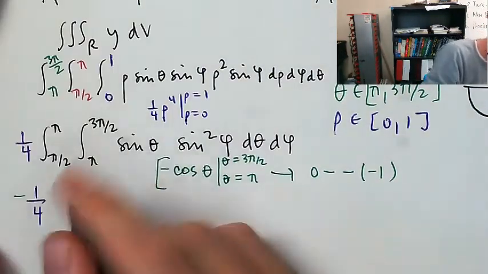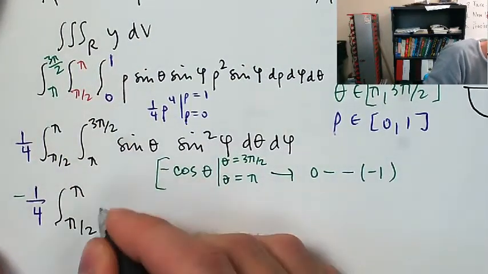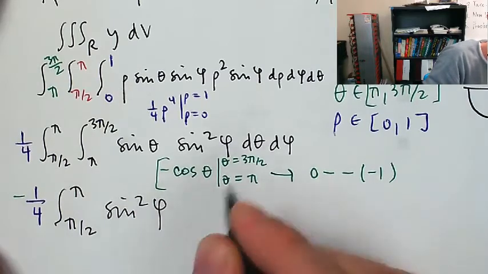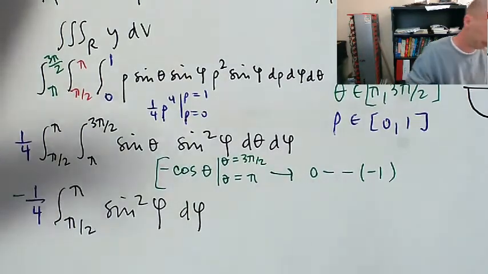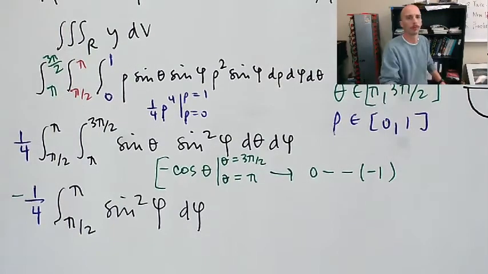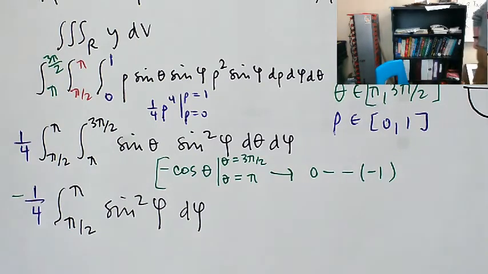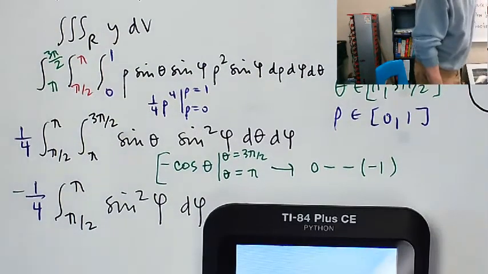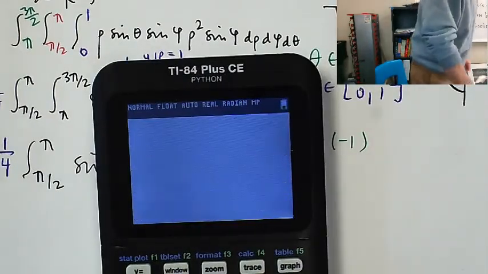of the integral from pi over 2 to pi of sine squared phi d phi. It's going to be kind of sad because I did all this work getting towards an exact answer, and it's going to be a decimal when I write it in the calculator, but it's all right. Validating OS, not even sure what that means.